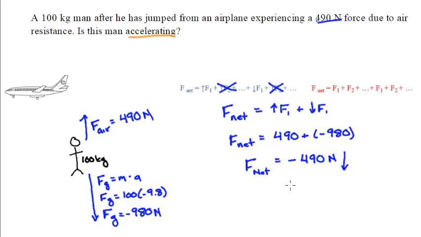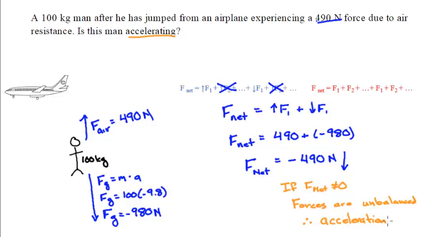Okay? If there is a force net and it is not equal to 0, that means that the forces are unbalanced and therefore there is an acceleration.